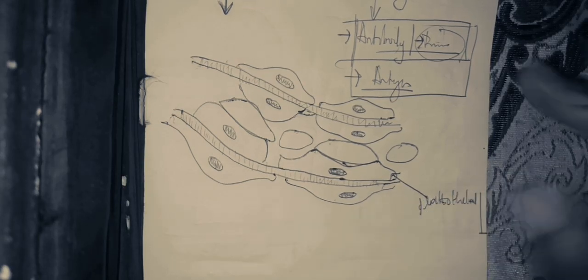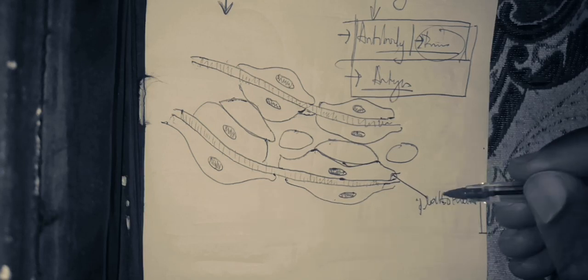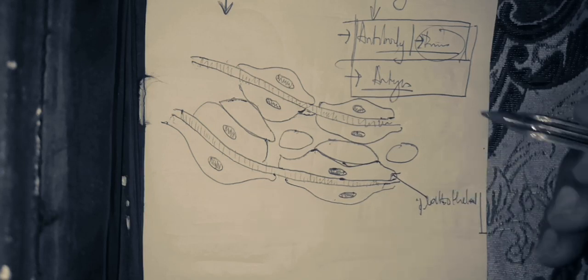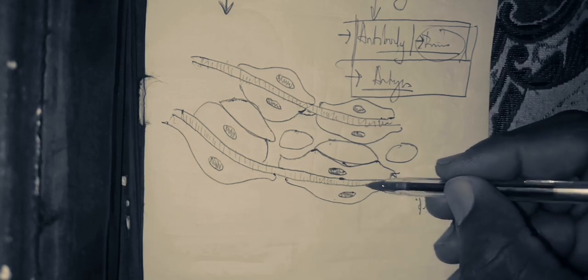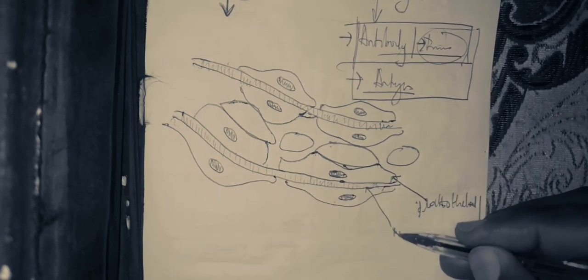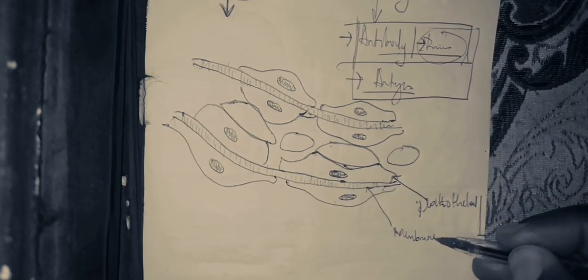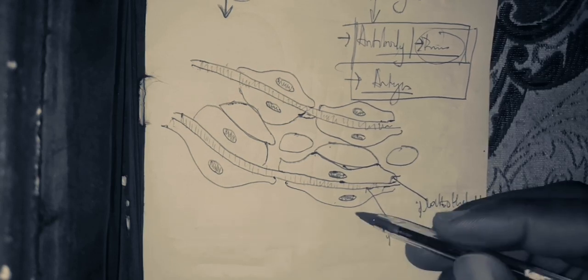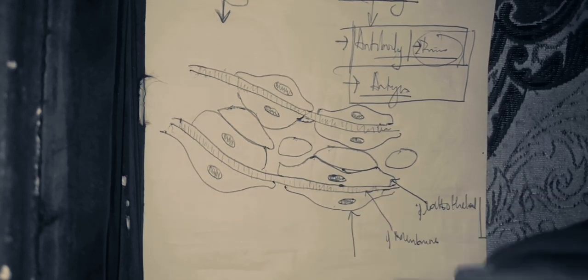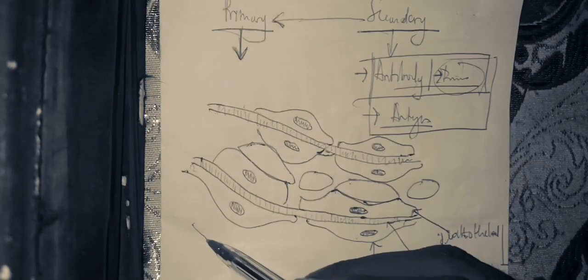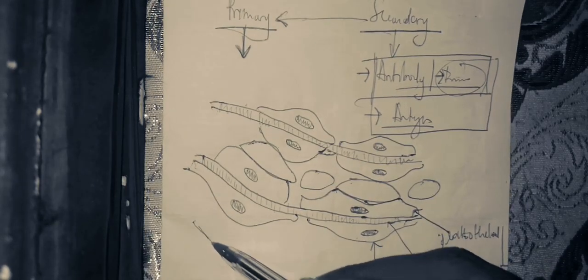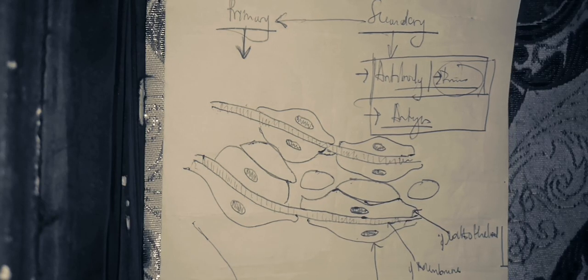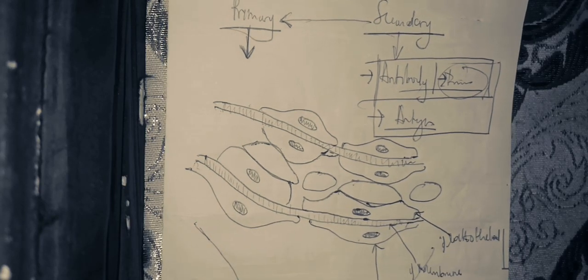That's the first point. Now, after the endothelial cells, we have this other one. We have the membrane. Is it clear? We have first the endothelial cells, then we have the membrane, and then the last one, which is down here, is in contact with the tubular cells.